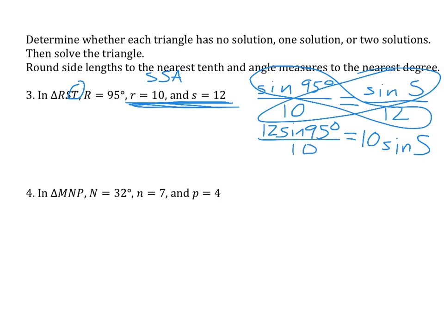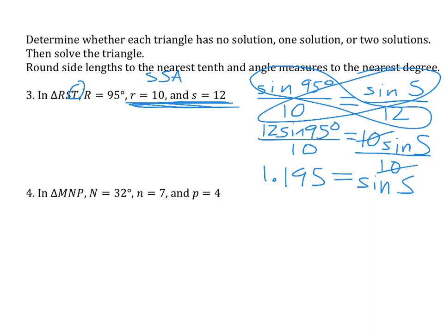Divide both sides by 10, and these 10s will cancel, you end up with 1.195 equals sine of S. So again, as soon as you see sine of an angle being bigger than 1, that should tell you no solution. Let's say you didn't catch that.